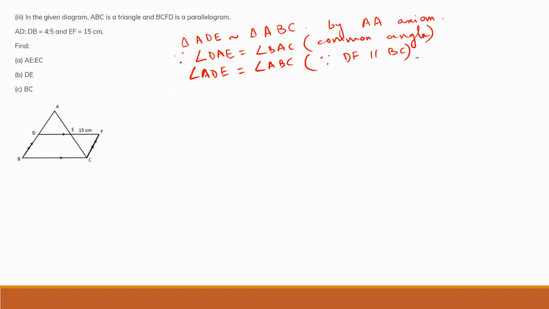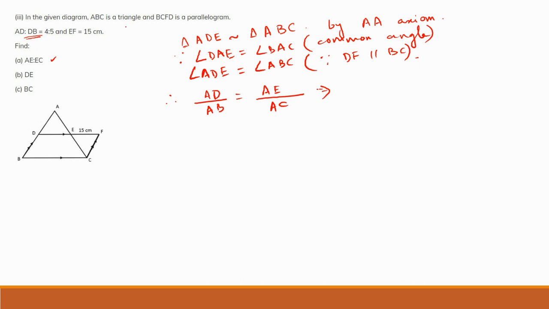So if we know these are parallel, you have to find AE divided by EC. Okay. So first let's do AD divided by AB equals AE divided by AC, right? They have given you this thing.